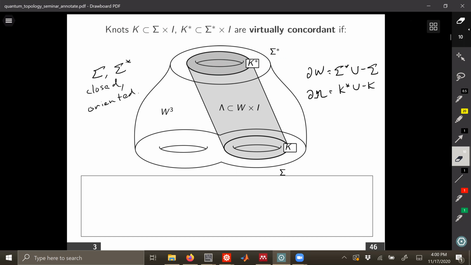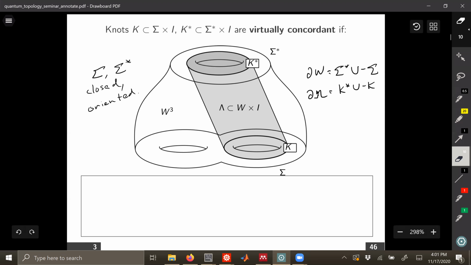K is in sigma times I, and K star is in sigma star times I, where I is [0,1]. We say they're virtually concordant if there's a 3-manifold W whose boundary is the union of the two surfaces, and there's a properly embedded annulus lambda whose boundary is the two knots, K star and K with its orientation reversed.